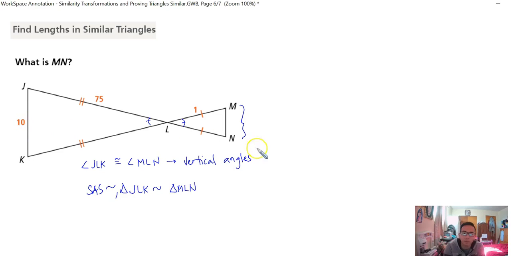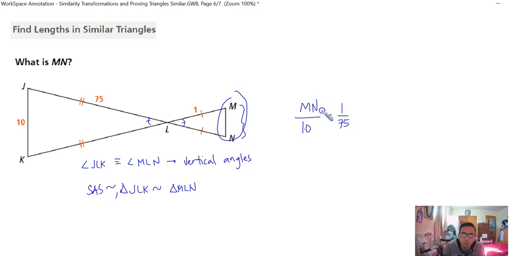So we are going to write the proportion using the corresponding sides. So this MN here corresponds to JK, which is 10. JK is equal to MN, the JK there is 10, is equal to 1 over 75, because ML corresponds to JL.